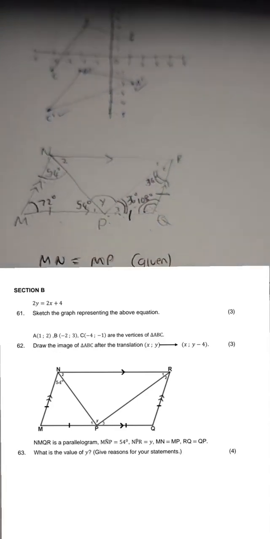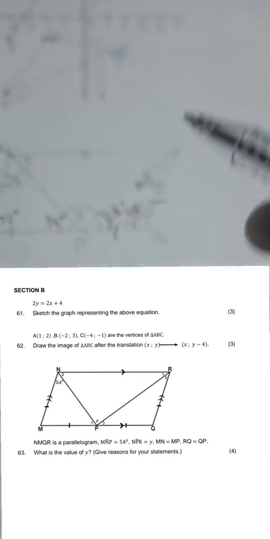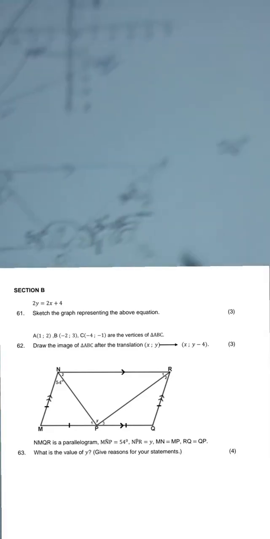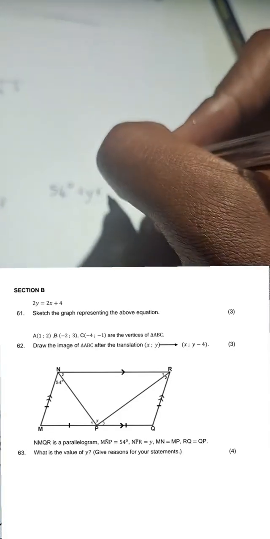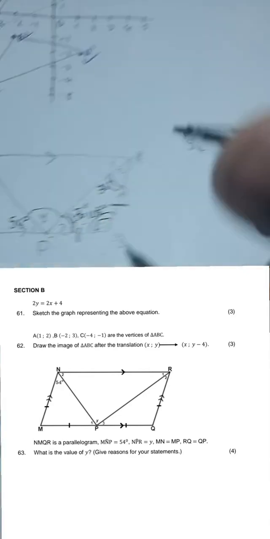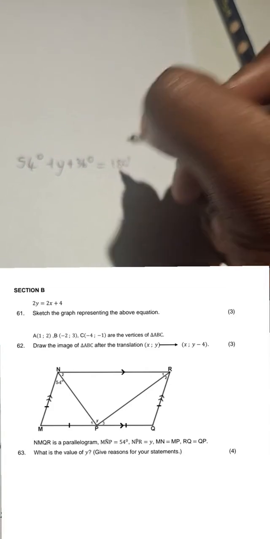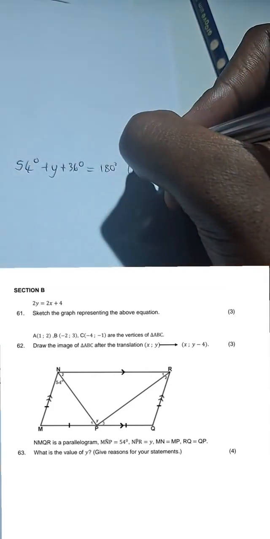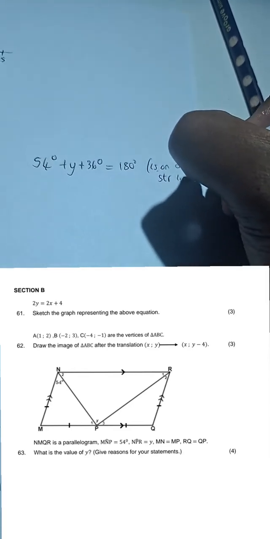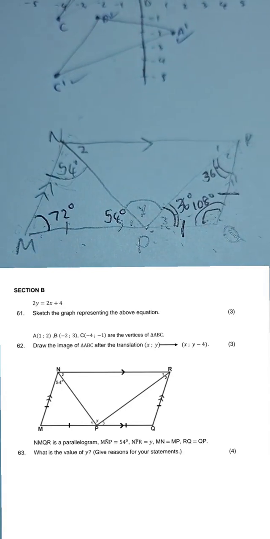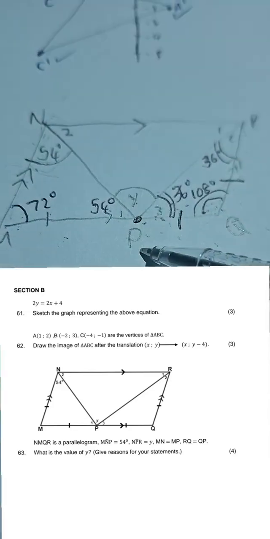So I'm going to now conclude and say 54 degrees, which is this angle, plus y, which is that angle, plus 36 degrees, which is that angle, is equal to 180. My reason, angles on a straight line.